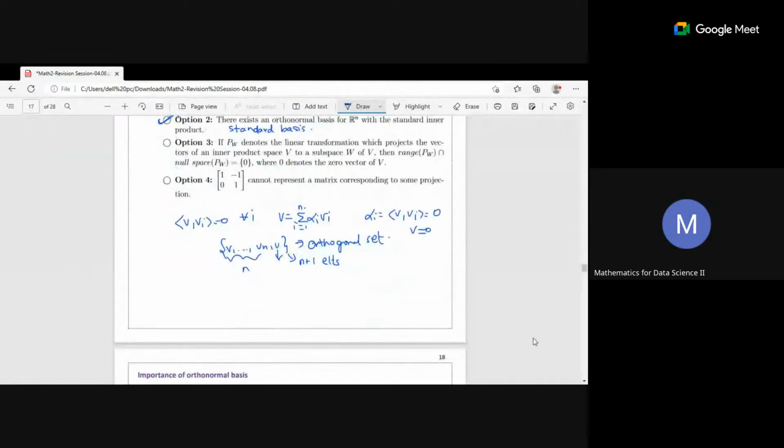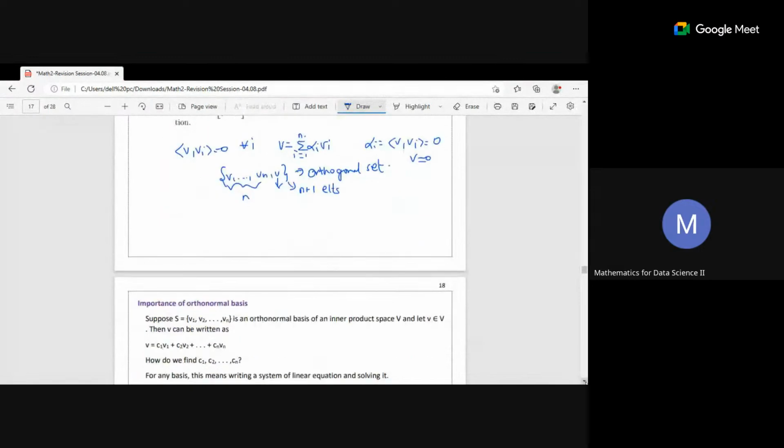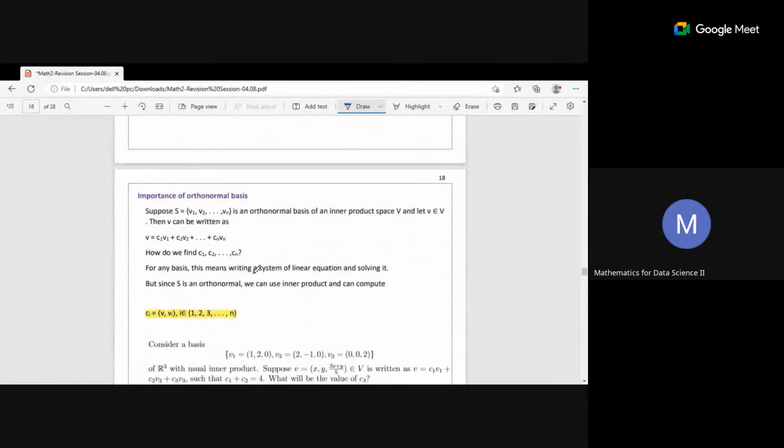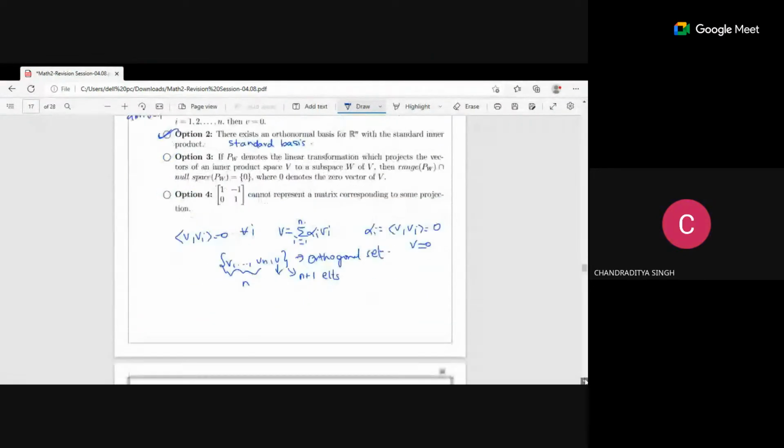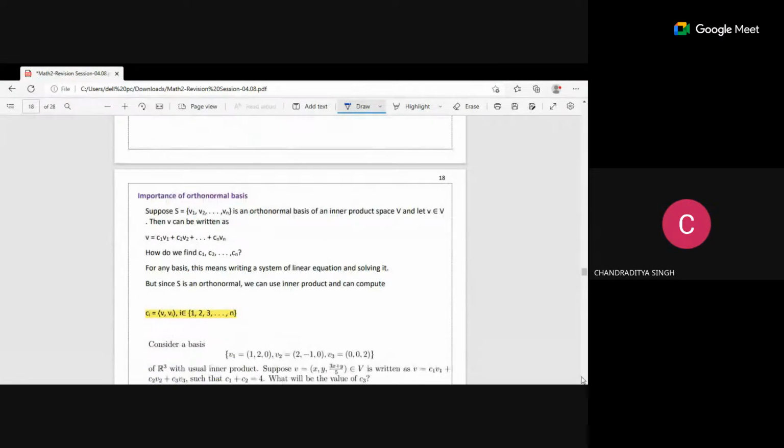But there is another way of doing it also. Ma'am, can you explain option 1 once again? In the case of orthogonal, maybe you just have one more norm here.